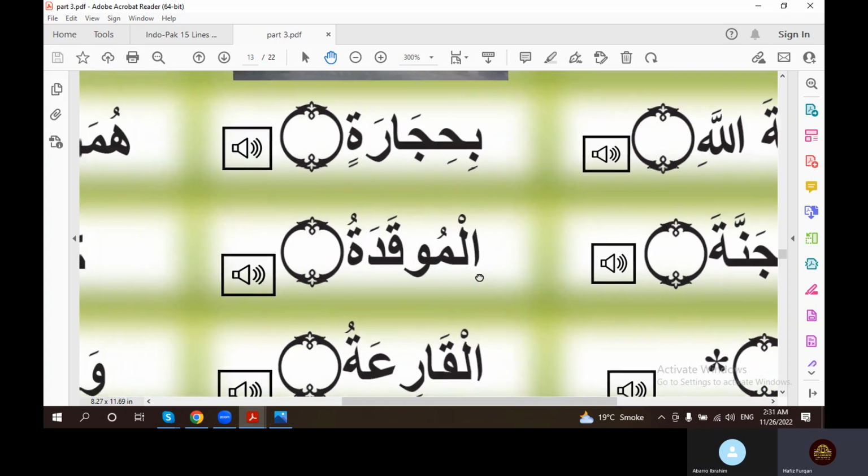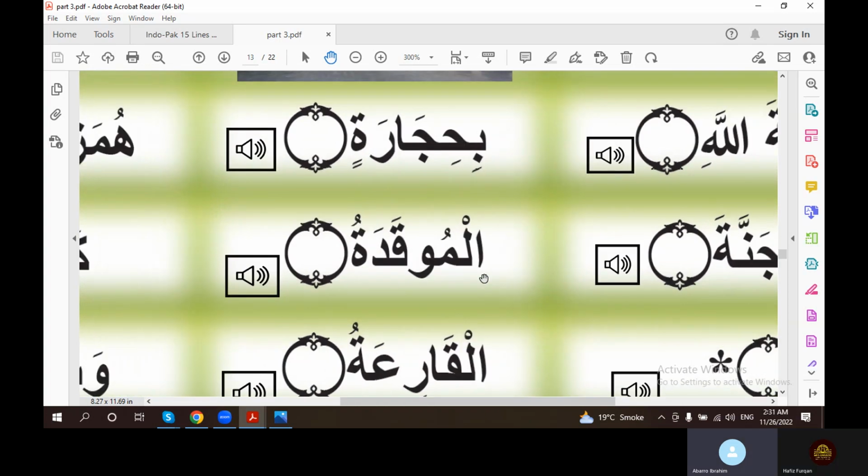Okay, now you're reading this. How do I read the first part? You forgot the Hamzatul Wasal and Lam Tarif. We learned them.